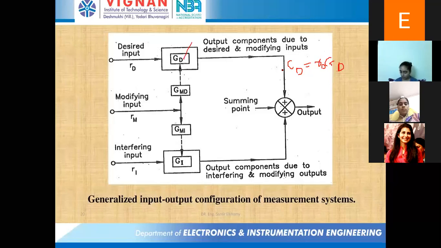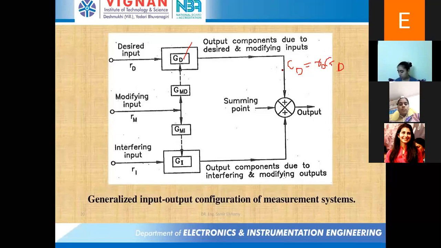This GD may be called a transfer function. For linear systems the transfer function is a constant; for non-linear systems it may be an algebraic function. I am not going to discuss linear and non-linear functions here, just giving the idea. If you give some desired input, it produces an output proportional to the input by some constant, GD.